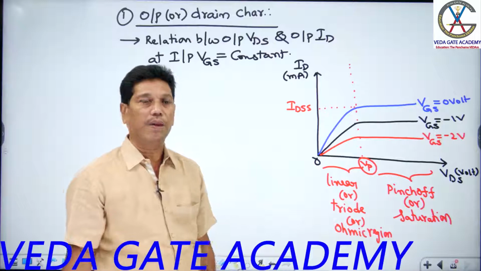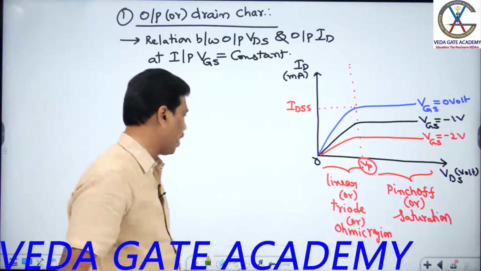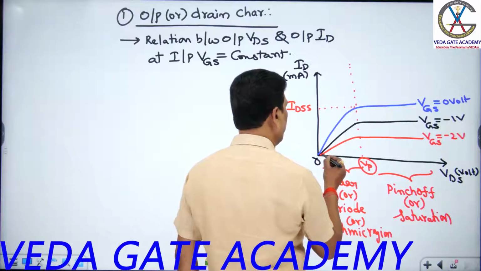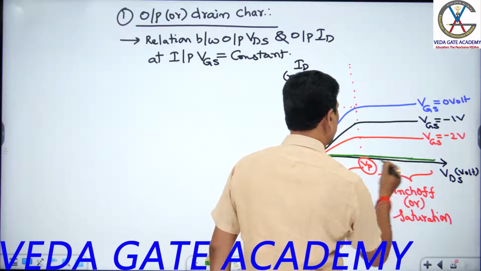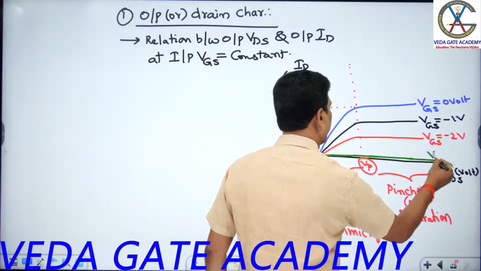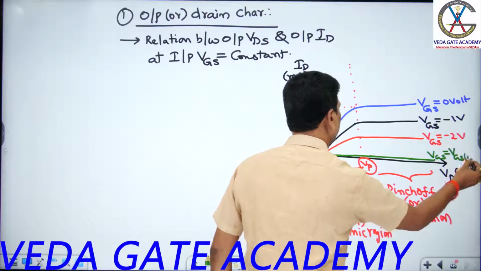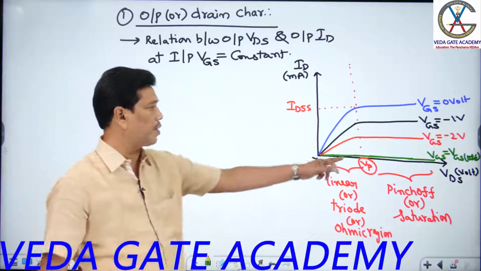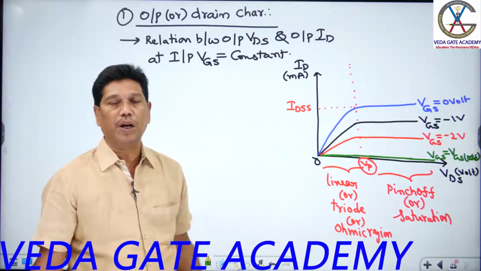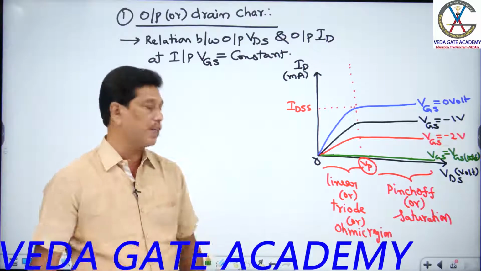And at VGS equal to VGS(off), as you already know, the channel width is 0, so the drain current is 0. This is called VGS equal to VGS(off), the cutoff gate voltage. The drain current becomes 0 because the channel width becomes 0, as the barriers on both sides touch each other.